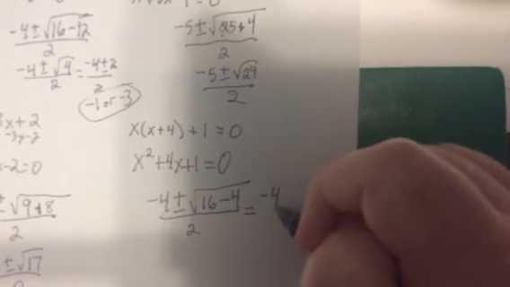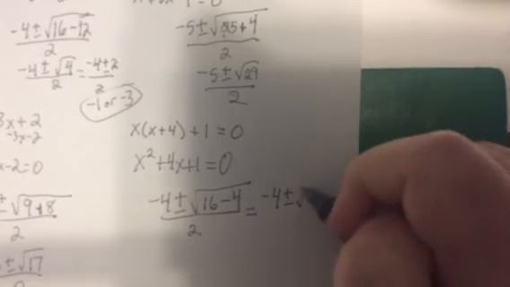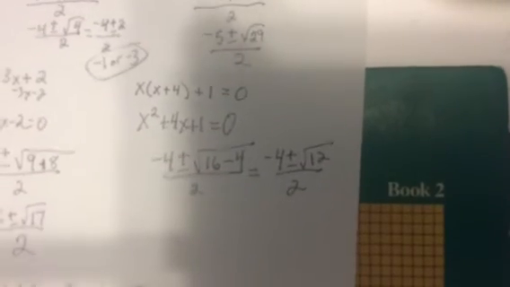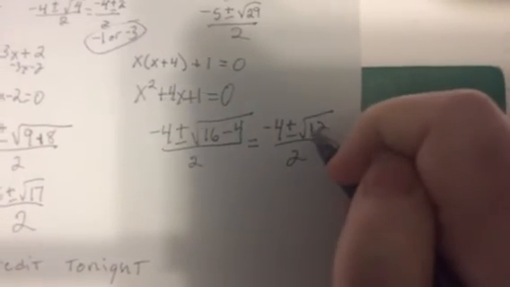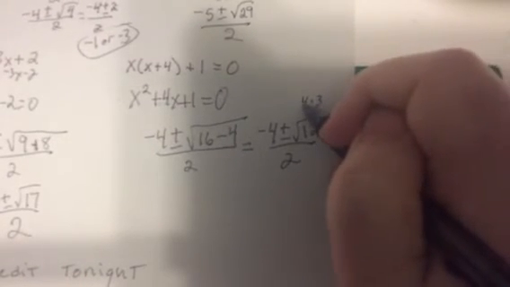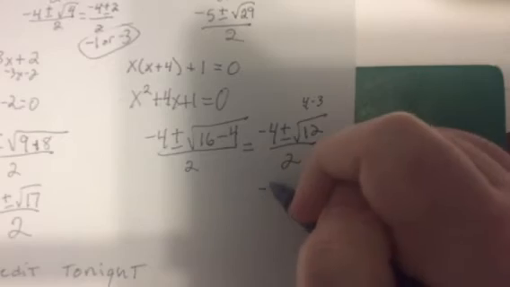So it'd be negative 4 plus or minus the square root of 12. Now, can I simplify the square root of 12? Yes, I can. 12 is 4 and 3. And the square root of 4 is 2. So it'd be negative 4 plus or minus, square root of 4 is 2 square root of 3 over 2.